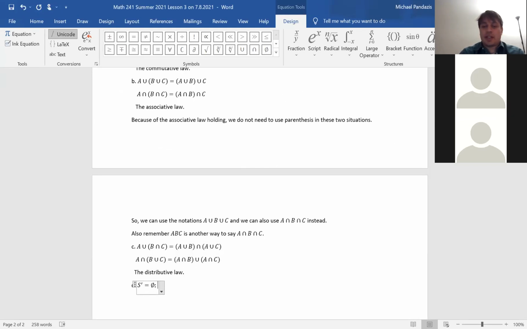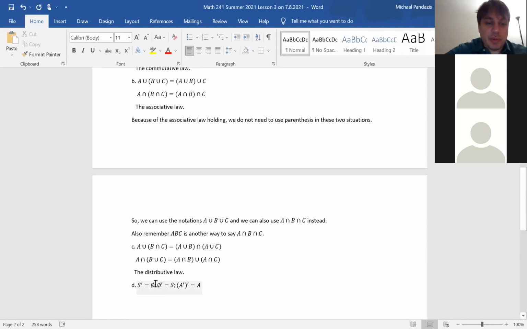If you take the complement of the empty set, you get the entire universal set. And if you take a set A and take its complement, and then the complement of the complement, you end up back with A.